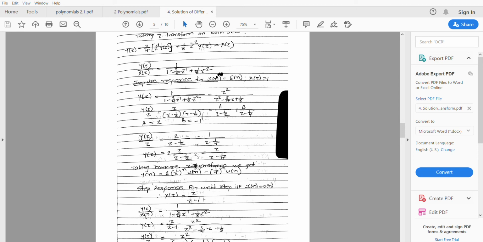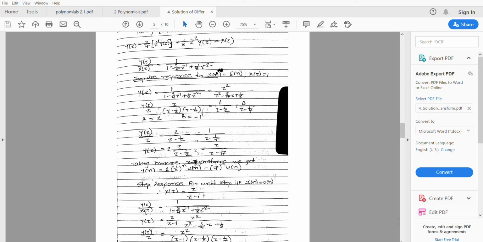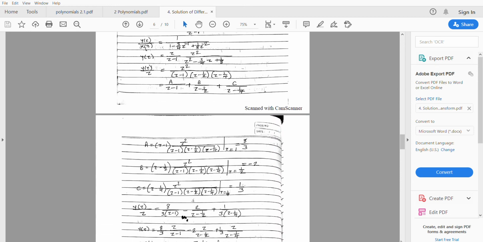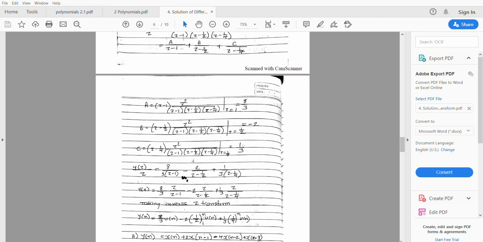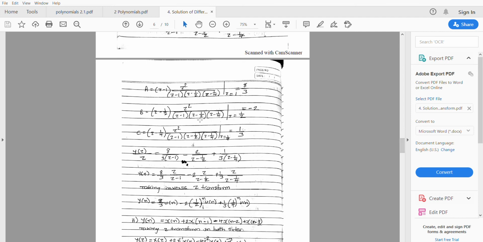We take it on this side, so we get z upon z minus 1. Simplify this, again use partial fractions to come up with the inverse Z transform. After solving the partial fractions and taking the inverse Z transform, we get the step response in the discrete domain.